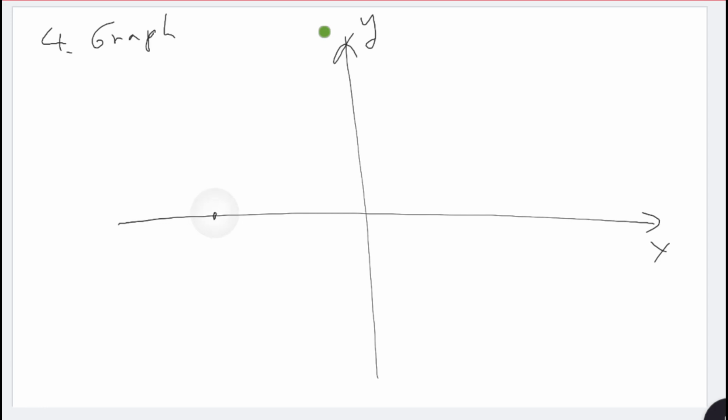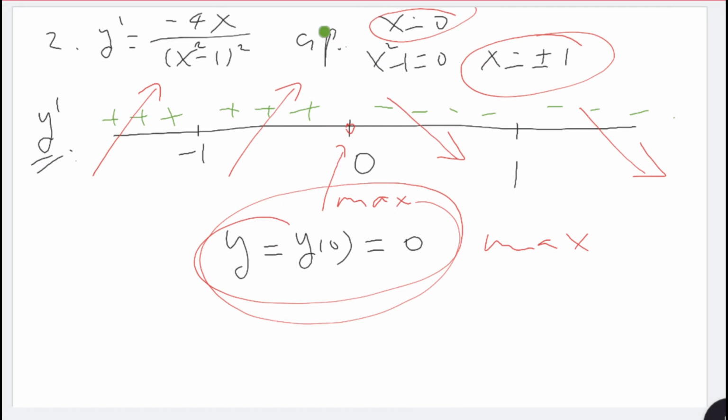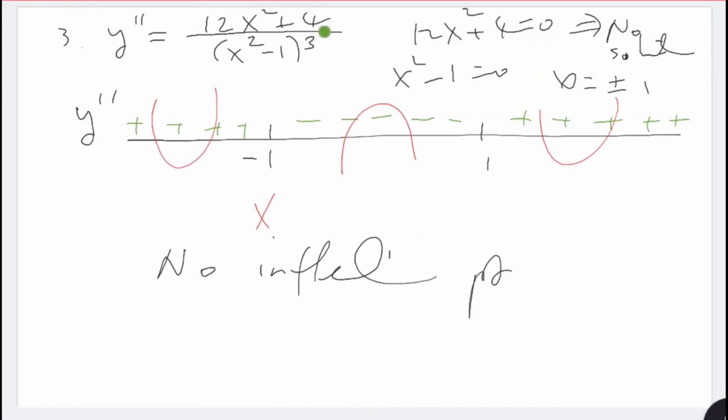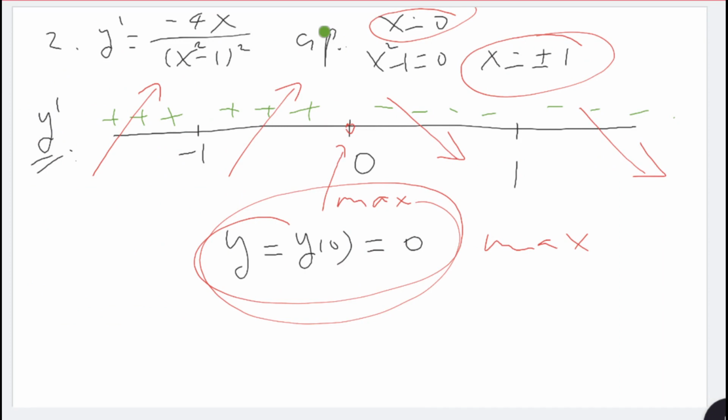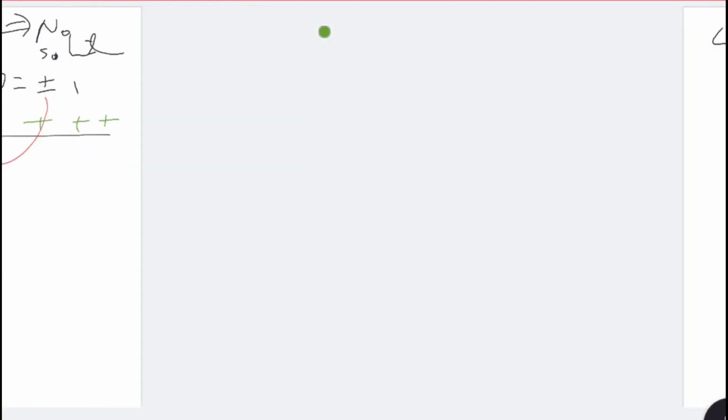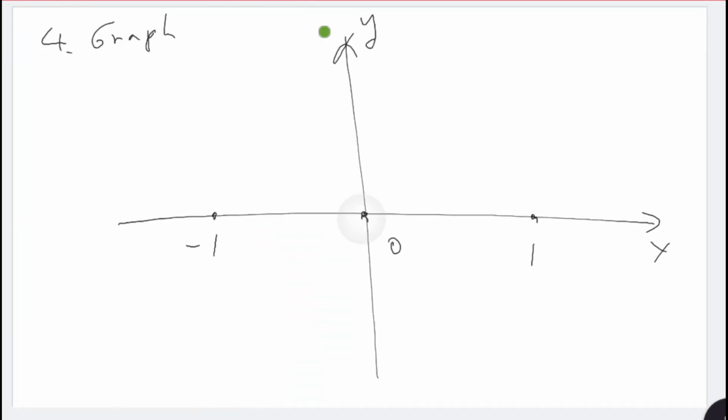All right, we found negative 1 critical point, 0 critical point, positive 1 critical point, right? Critical points negative 1, 0, 1, okay? And increasing, decreasing, and so on. There's a maximum value of 0, 2. So let's indicate that. At this location, we know there's a maximum, therefore the graph must look like this locally.